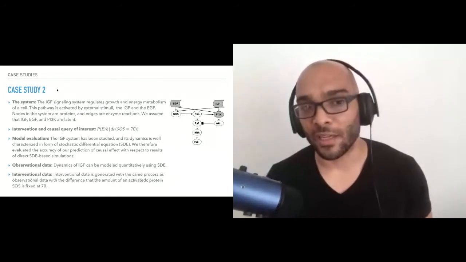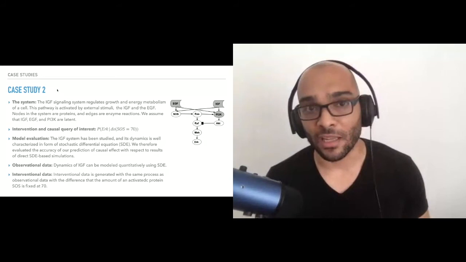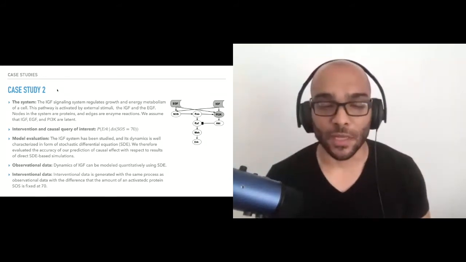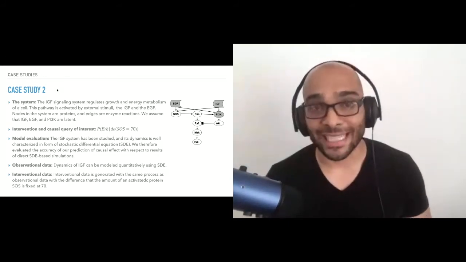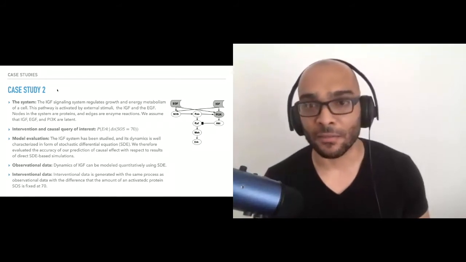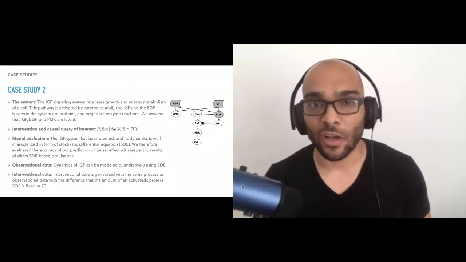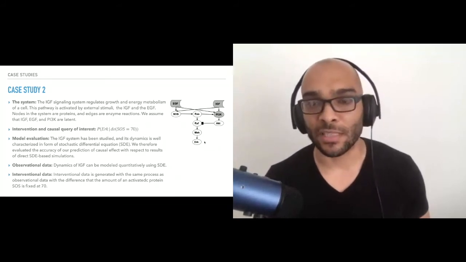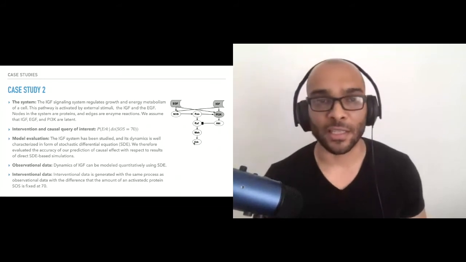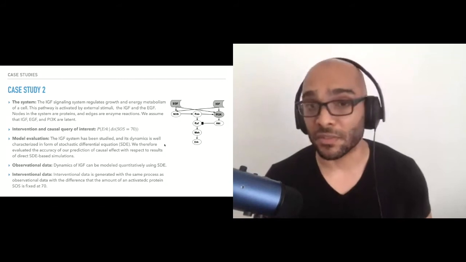We're working on some examples from computational systems biology, namely this IGF, EGF growth factor signaling pathway, where we're interested in the effect of this protein here, SOS, on a downstream protein, ERK, where ERK is a protein associated with proliferation of cells.